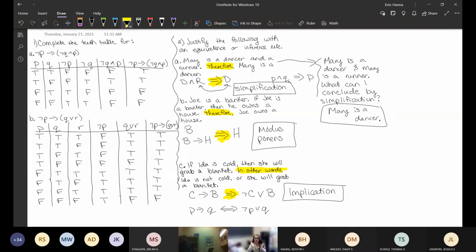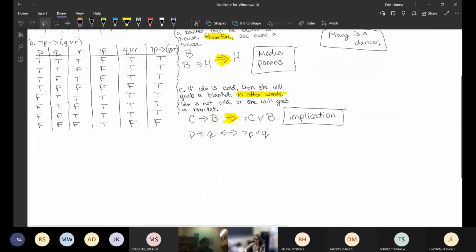Okay. Do we need to memorize the rules? No. I think I said this last time, but just a reminder, I suggest trying to be pretty familiar with a couple of them.